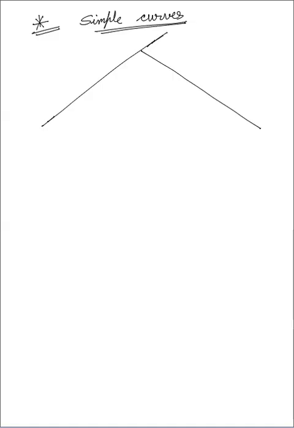So this is deviation angle theta. So what you will do, you will mark one point here. Let me write it T1. Another point, this is T2. So the curve will be like this.